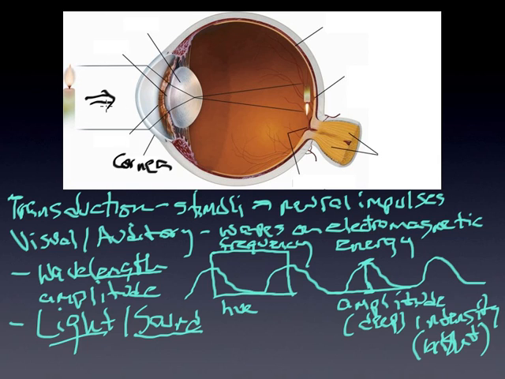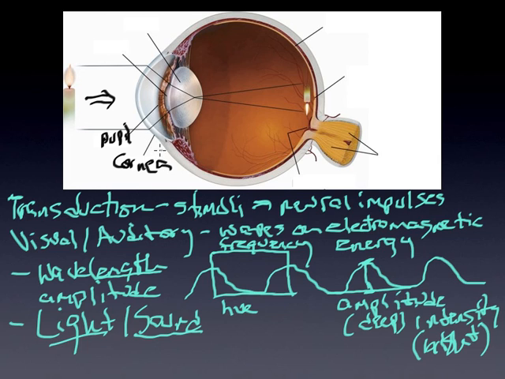Once the light passes through the cornea out here, the next point of entry is the pupil, which is this area, and it's constricted or dilated by the iris.